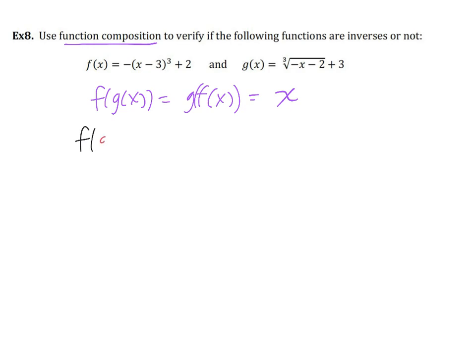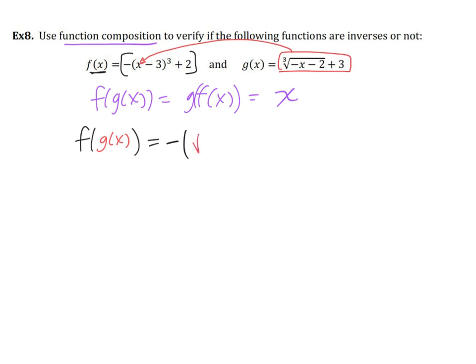So f, and we're going to put in g of x, and we're going to see what happens. All right, so what do we have? Well, f of x is this function right here. So wherever I see the x value, I have to put in g of x. So this has to be going in there.